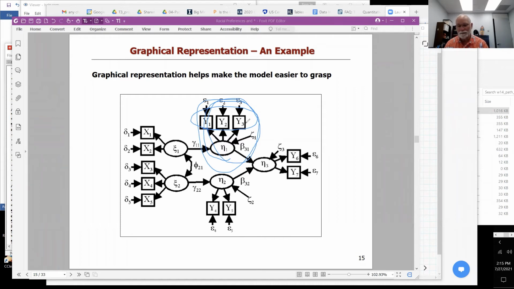It's not been tested. It's not always easy to test, but in the SEM framework, if the model is set up in the right way, you can then empirically assess whether the indicators actually connect with the underlying latent variable in the manner that you are imagining. And this is happening for each one: here's a measurement model, here's a measurement model, here's a measurement model. And each one is subject to evaluation.